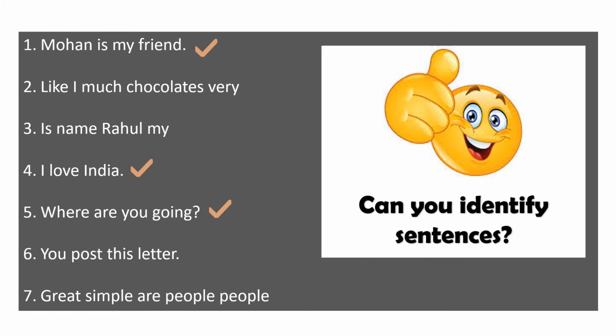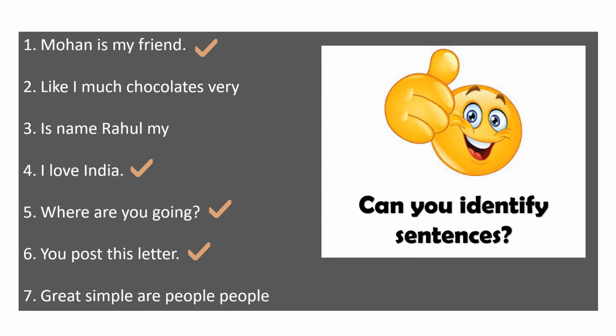It is also meaningful. So this is a sentence. And the last set of words, great, simple, or people, people. No meaning at all. So the seventh set of words is not called a sentence.